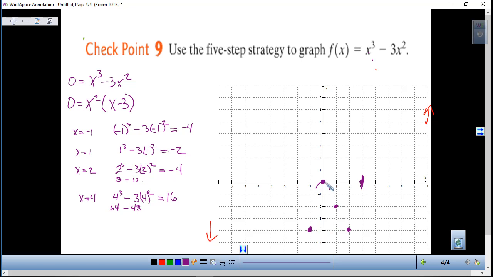So now we can kind of sketch what we're dealing with here. Like I said, it does not have to be pretty. It does not have to be all that accurate, except for where you actually have those points. And its behavior needs to be similar to what the actual graph would be.